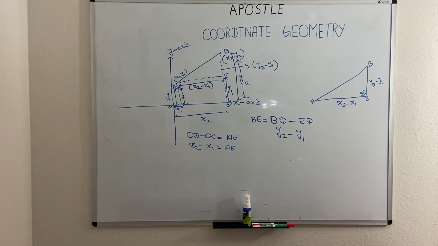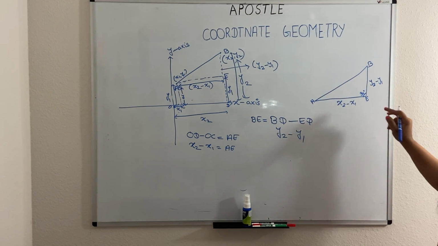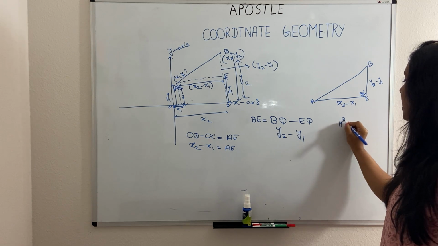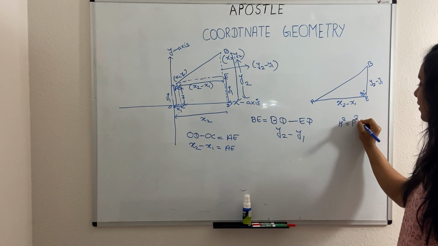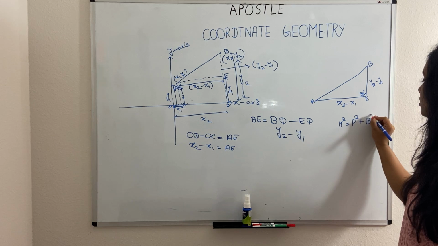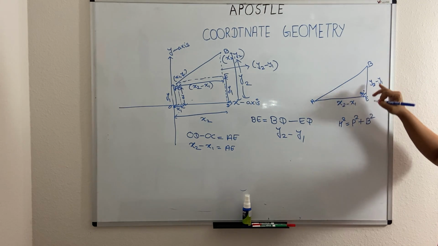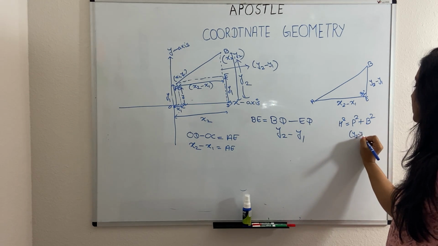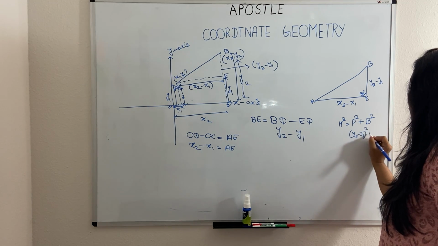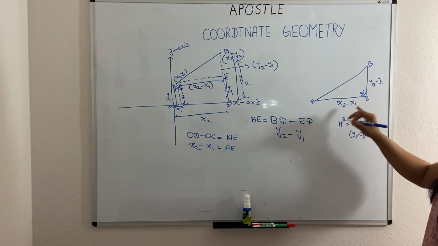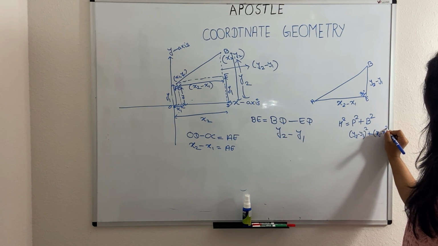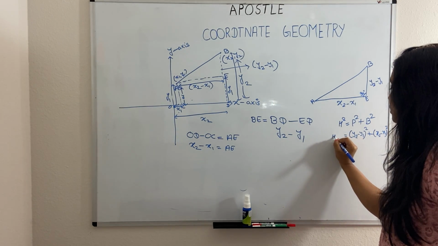And now I am going to apply the Pythagoras theorem on the triangle ABE. So what is the Pythagoras theorem? Hypotenuse square is equal to perpendicular square plus base square. Perpendicular here is y2 minus y1, so y2 minus y1 whole square plus base, x2 minus x1 whole square, is equal to h square.